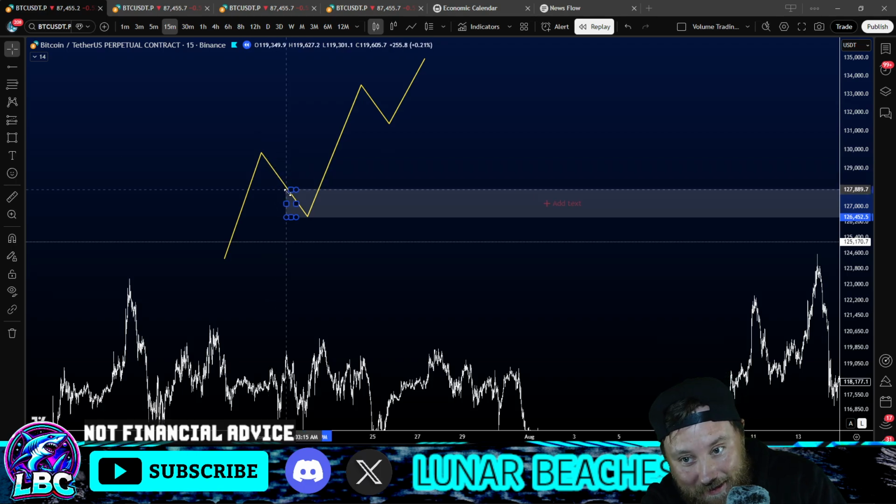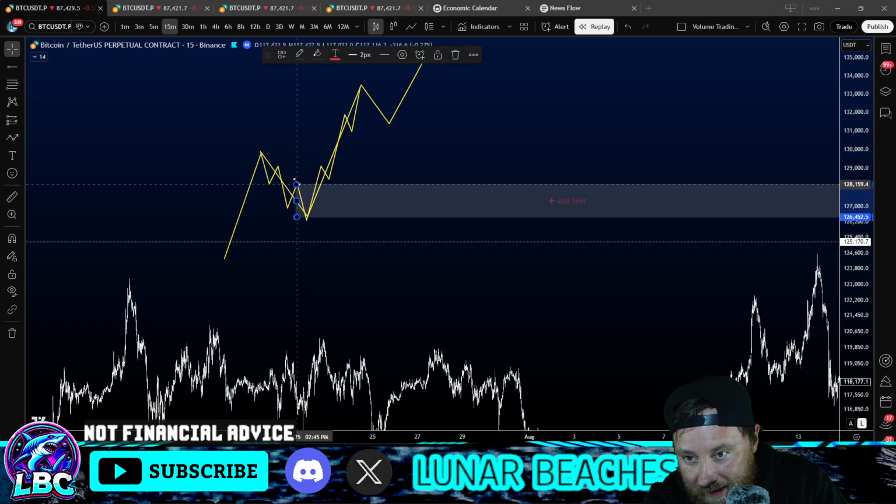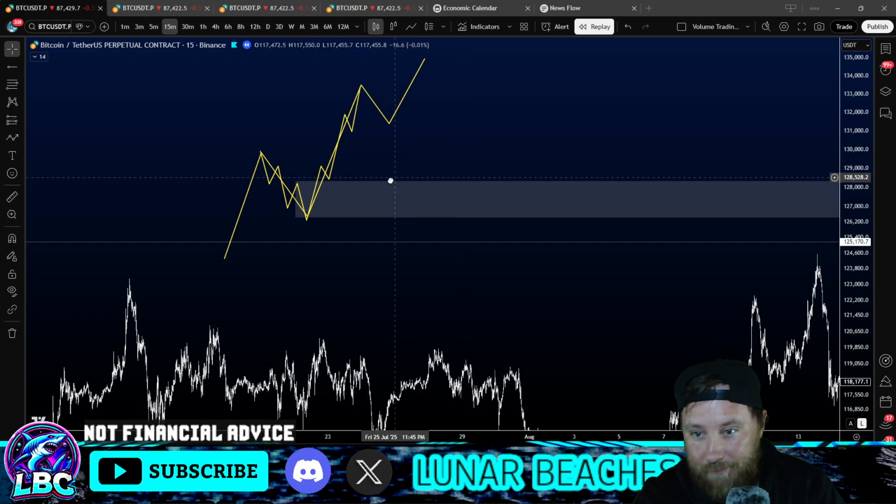I prefer to tighten it up. This is what I look for. So if price is moving to the downside, and you come up and you break and you start moving to the upside, I prefer taking that last high, that last internal swing high, and taking the low and using that as my area.